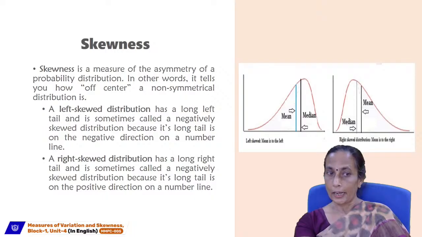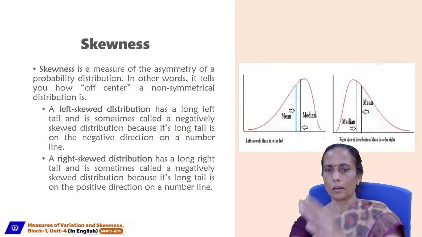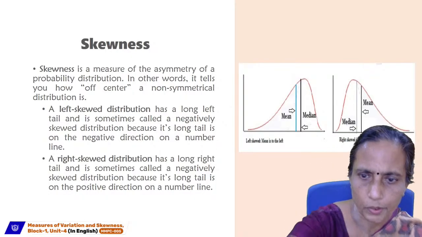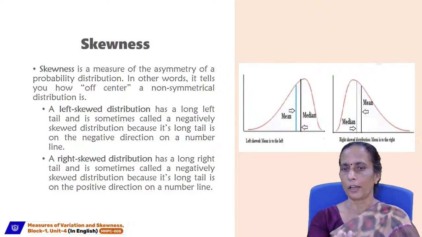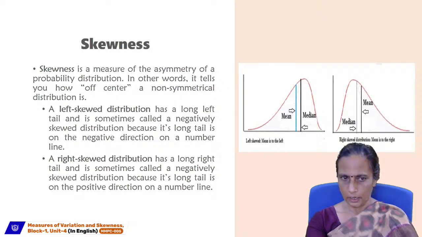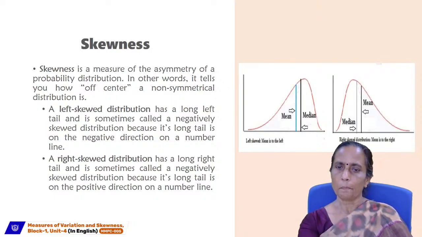In other words, it tells you how off center a non-symmetrical distribution is. A left skewed distribution has a long left tail, this one. It is sometimes called a negatively skewed distribution because its long tail is in the negative direction on a number line.